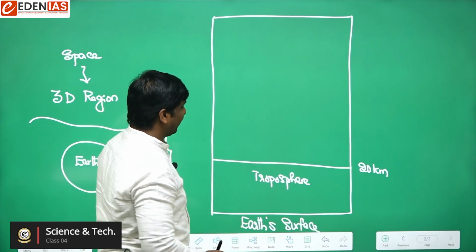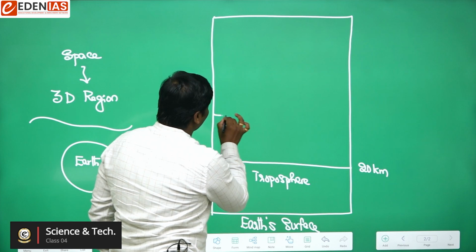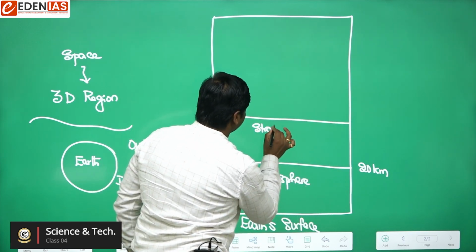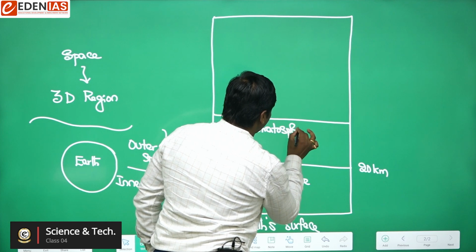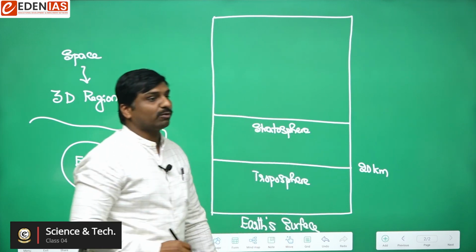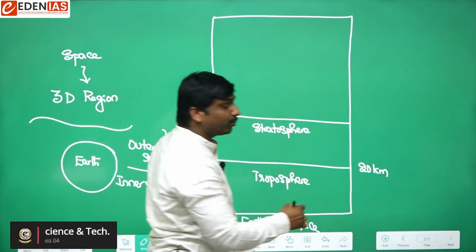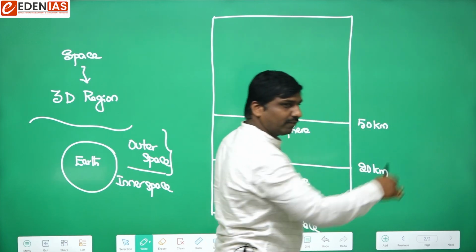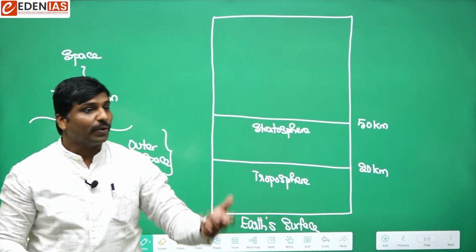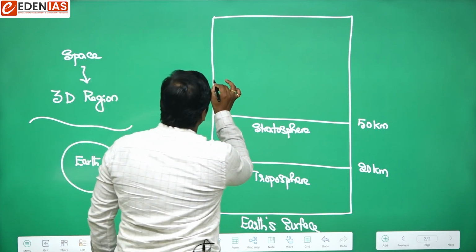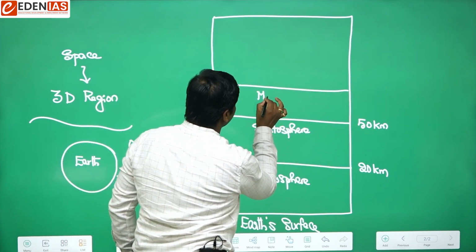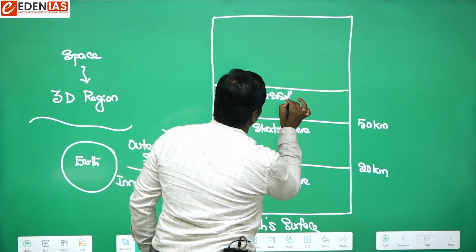Then the second layer. What's the second layer? It is stratosphere. From the perspective of the stratosphere, it extends up to a distance of 50 kilometers. I am rounding it off so that you can remember easily. Then the next important layer is the mesosphere.